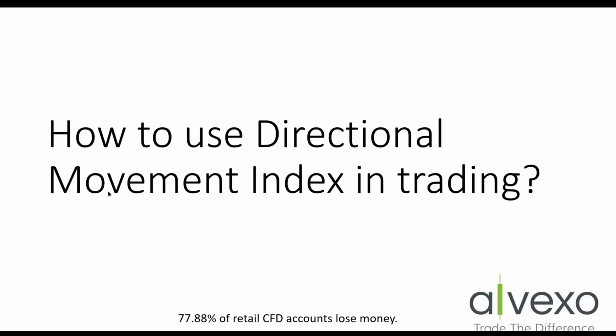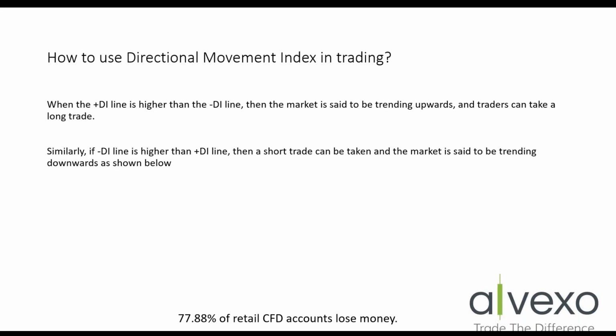So how do we use the directional movement index in our trading? When the plus DI line, I don't know why they named them this way. They're so hard to explain. If they could say the opening DI or the closing DI, but the plus, we always know the plus is the highs.